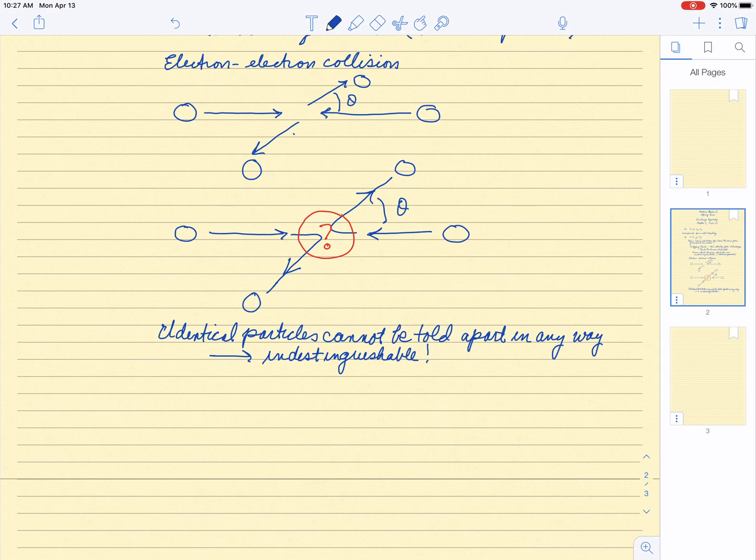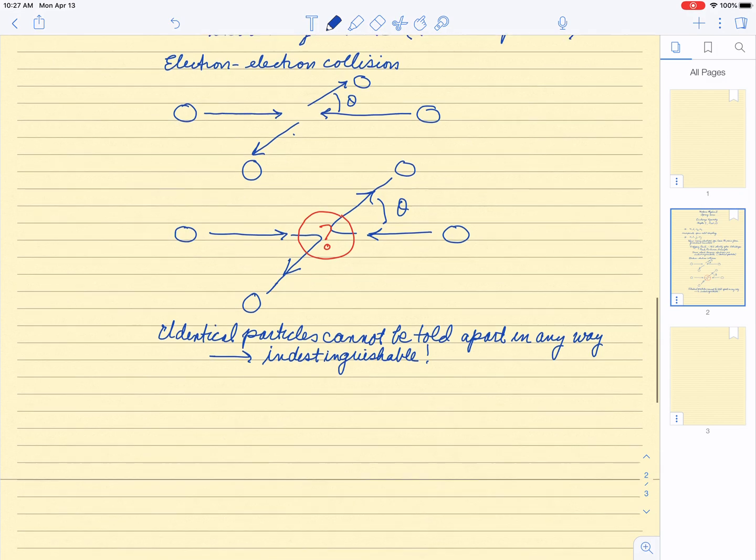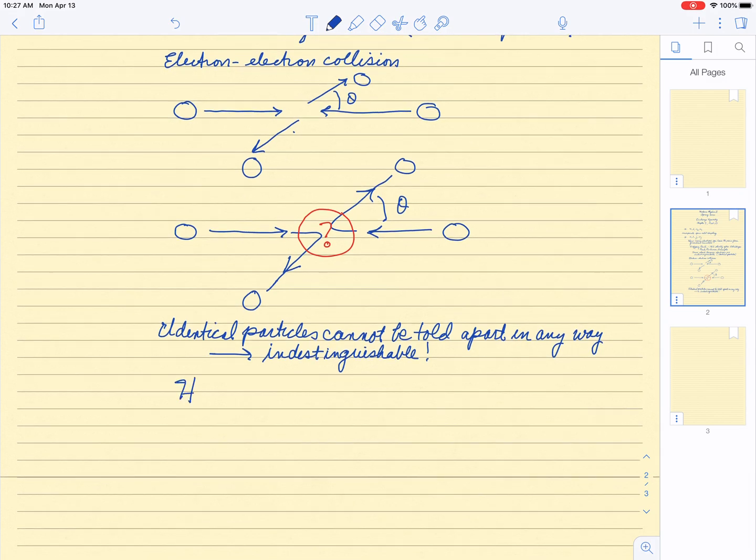So up to now, we've been pretty much looking at the hydrogen atom, but let's see what happens when we look at a multi-electron system.